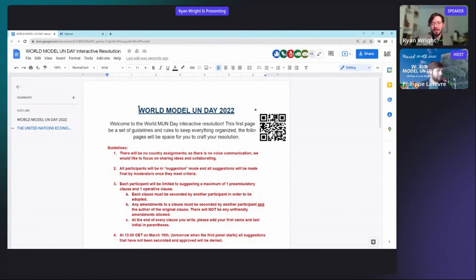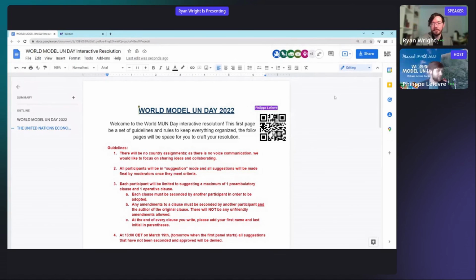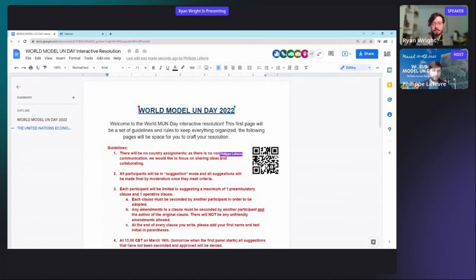I thought it could go higher up, but it can't. Sort of wrap text. There we are. Here's a QR. That works. All right, I'll put it a little bit lower. There we are.